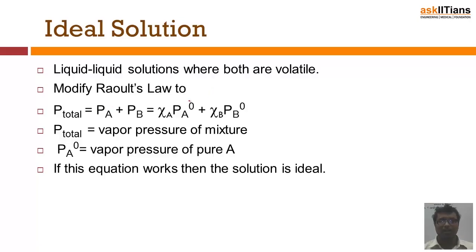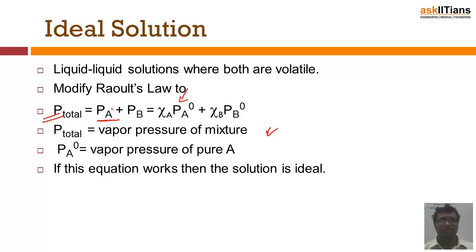So, if you have two constituents in a given solution, the total vapor pressure of the mixture is equal to the sum of the vapor pressures of the given constituents.